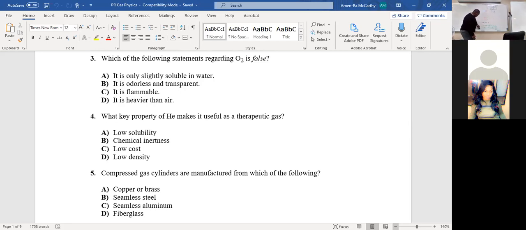I want to show you how helium does what it does and why we use it as respiratory therapists. All right, so we have our tracheobronchial tree, right side, and then our left side.